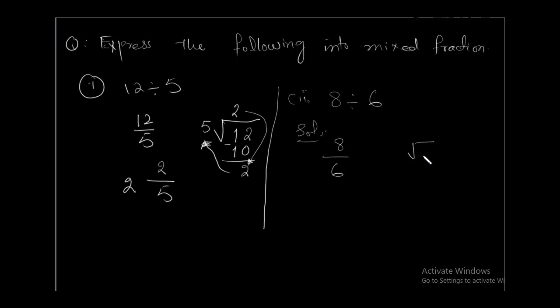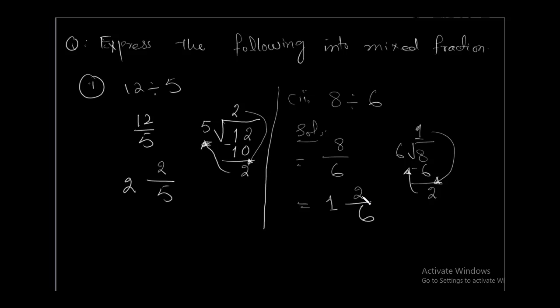Whenever I divide 8 by 6, 6 ones are 6, and 6 twos are 12. So I write 6 ones are 6, minus this, that is 2. Now we have the cyclic technique that we learned in the previous question. First I write 1, then I write 2, and then I write 6.